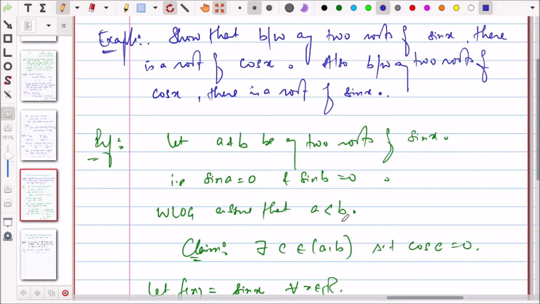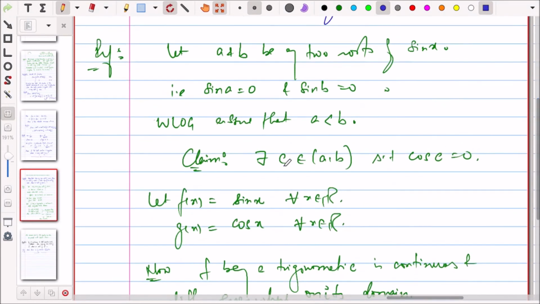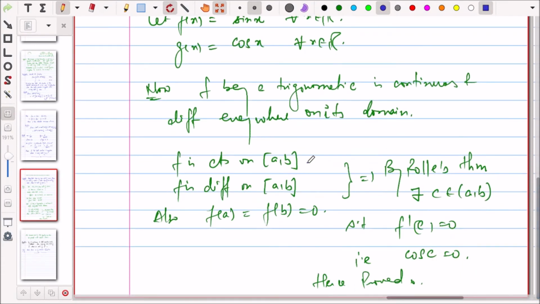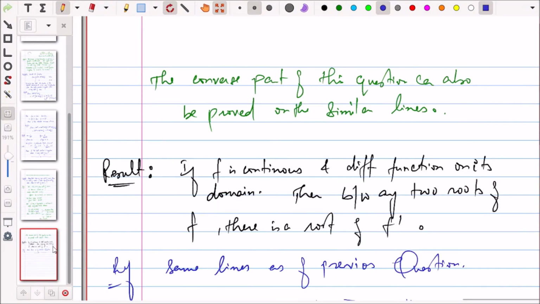So without loss of generality, you can assume a less than b. Then you have to show that there exists c belonging to (a, b) such that f dash c is 0, which follows immediately because you are given f is continuous on [a, b], f is differentiable on open interval (a, b). Then by Rolle's theorem, there exists c belonging to open interval (a, b) such that f dash c is equal to 0. Okay, so you can prove it on your own.